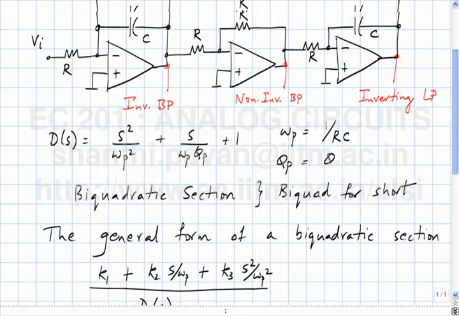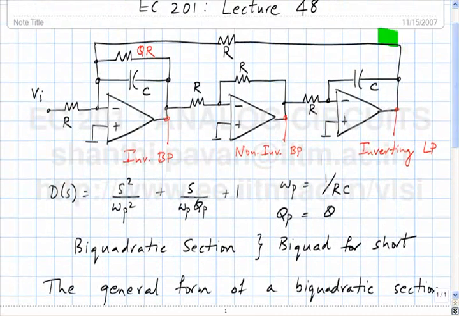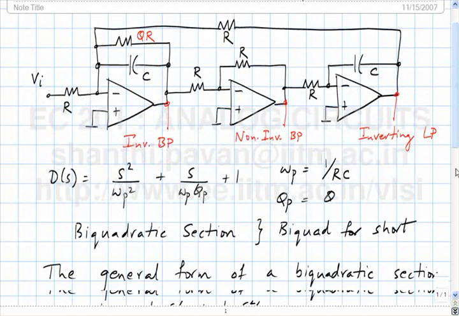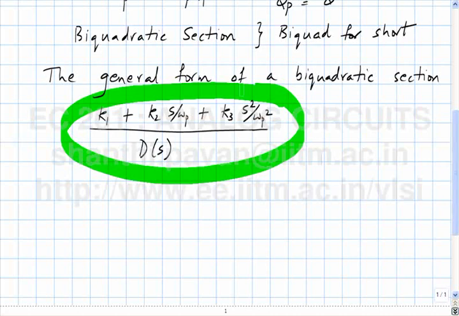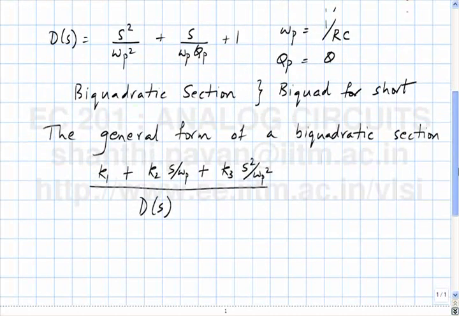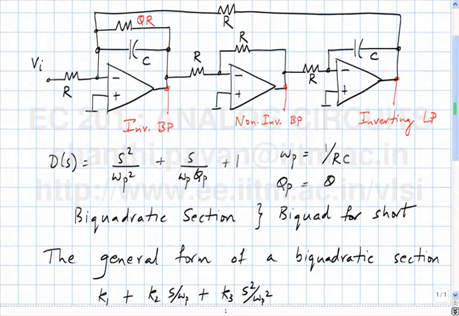Now that we know how to realize this, based on this knowledge, can you tell me what I might be able to do to realize a general numerator of this form? What do we have? This basic biquadratic section that we have derived so far has got the following.